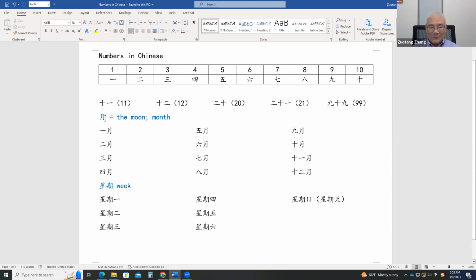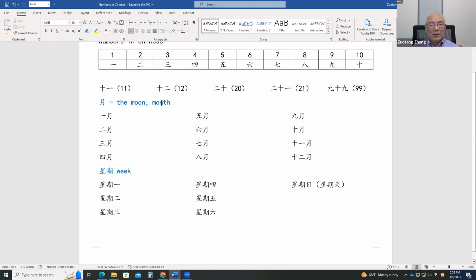So 月 means both the moon and the months. Now we take it as month. All you need to do is to put the number before the word 月, months. So 一月 means 1 month or first month.